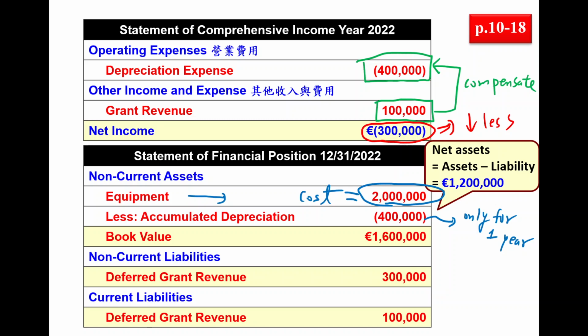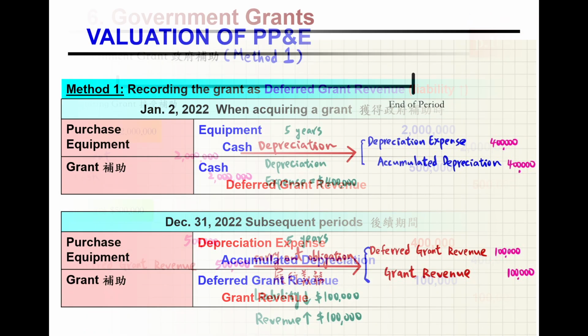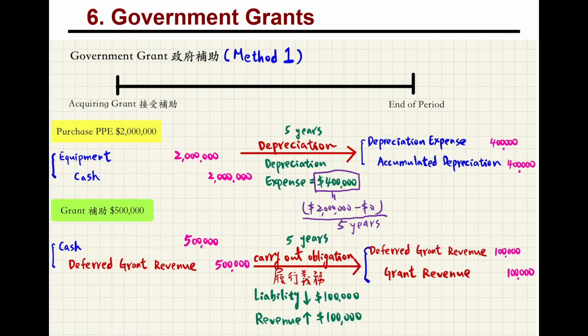Any questions? How about your liability? Let's go back here. At the beginning, liability $500,000, right? After 1 year, your liability decreased $100,000. So after this, how much liability do you have?